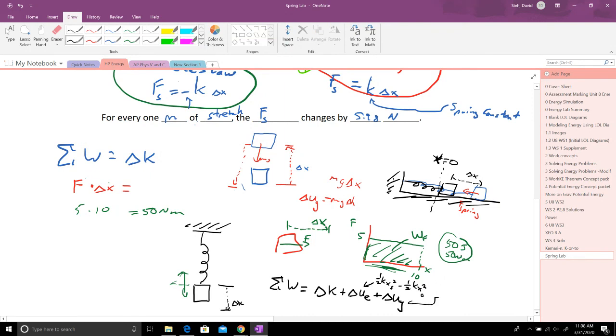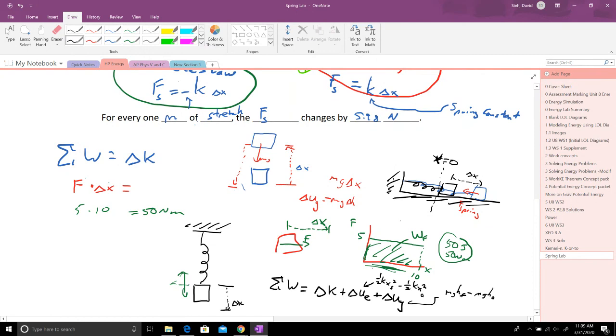And when I do the gravitational, the formula for gravitational energy is mgh. That would be my mg times the final height minus mg times my initial height.